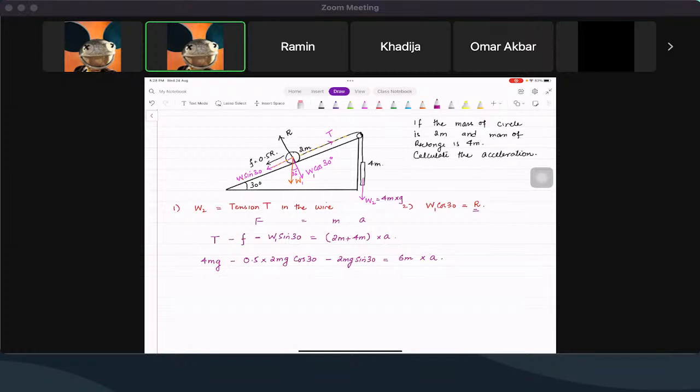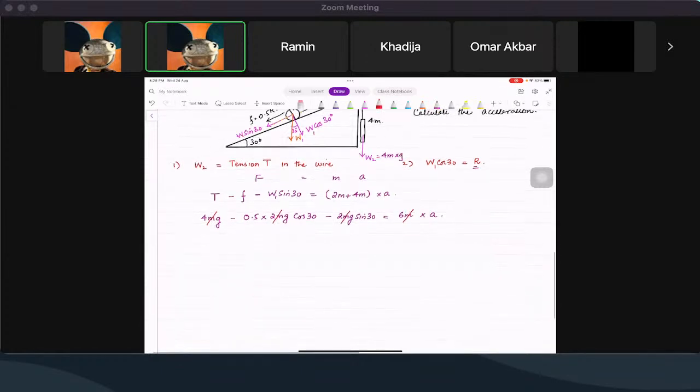Because each term has a mass, we can cancel that out, which leaves us with 4g minus 0.5 times 2g cos 30 minus 2g sin 30 equals 6a.